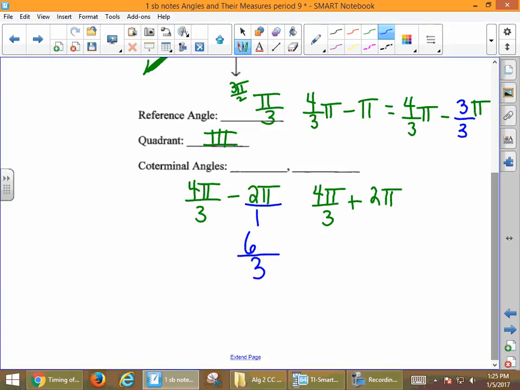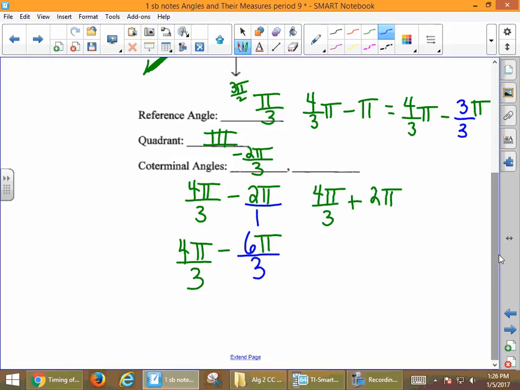So, in other words, I took 1 times 3 to get the 3, so I took 2 times 3 to get the 6. So we have a common denominator now. And then we still have our 4 pi over 3 minus 6 pi over 3. And 4 pi over 3 minus 6 pi over 3 is negative 2 pi over 3.